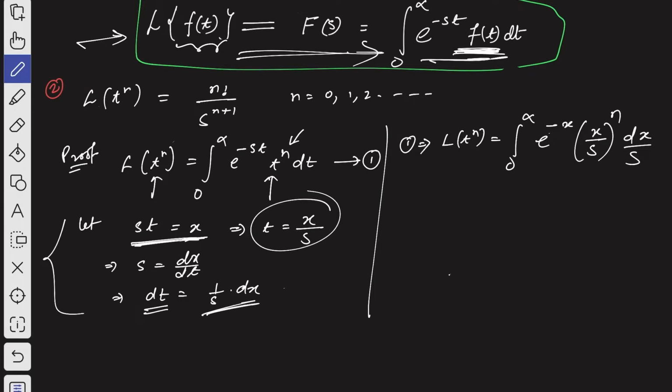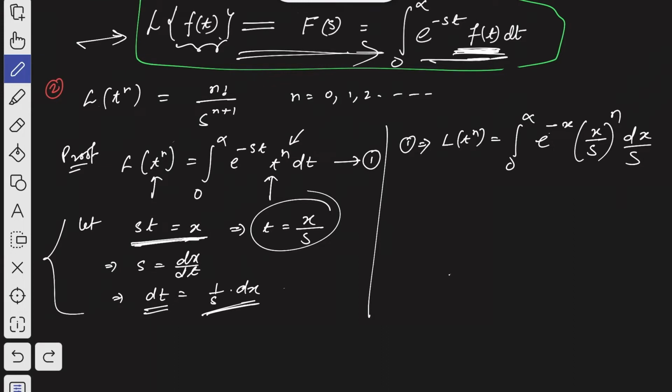So here you see, or you can write this way, this s can be written outside, 1 by s. That's how you can write if you want, okay? Or let me keep it here, let me write the s here now for the meantime.